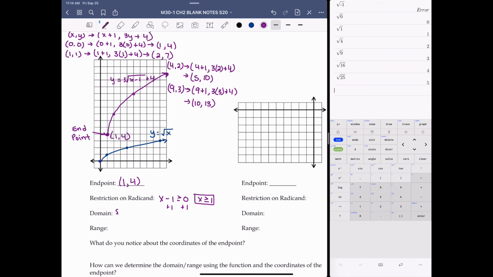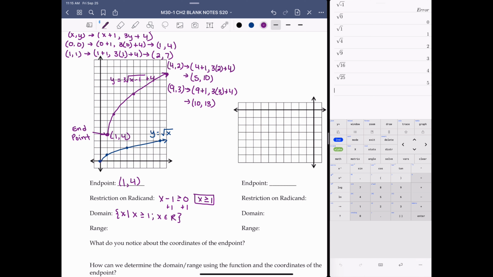Next is domain, x such that, well, on the original function, square root of x, x has to be greater than or equal to 0. Looking at the endpoint on this transformed function, the first x value is 1, so x has to be greater than or equal to 1, x element of the reals.